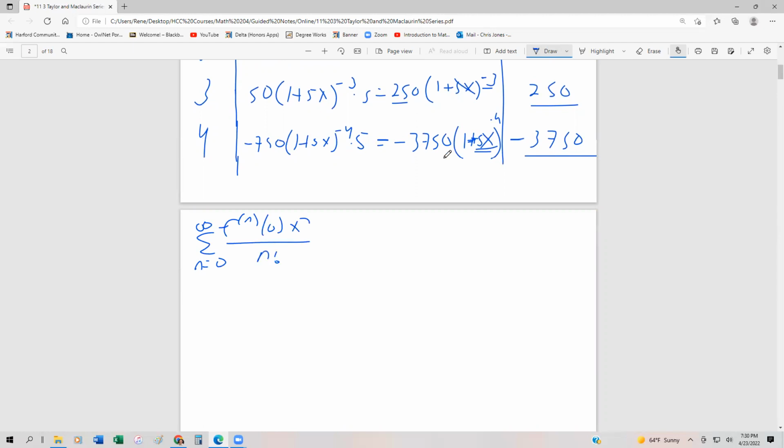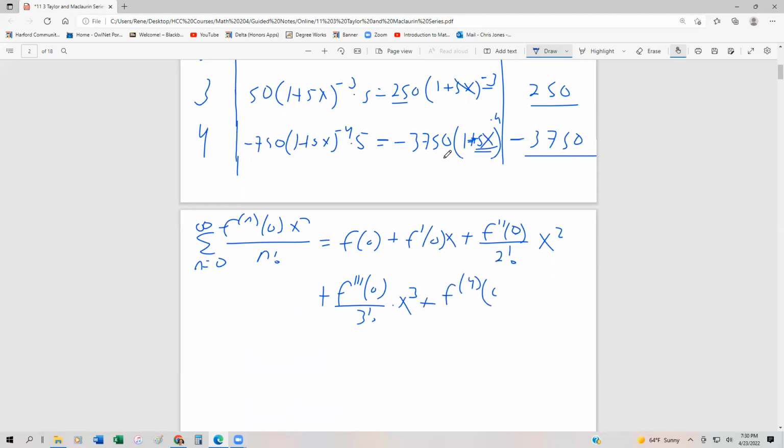All right, or in other words, that's going to be f at 0 plus f prime at 0 times x plus f double prime at 0 over 2 factorial x squared plus f triple prime at 0 over 3 factorial times x cubed. And then finally, we're going to need the 4th derivative to get 4 terms out of this. 4 factorial x to the 4th.